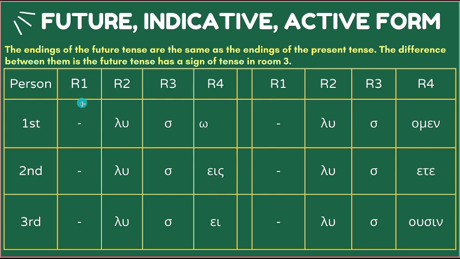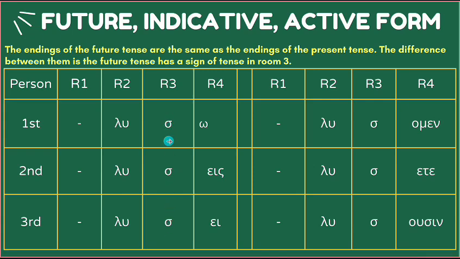So room 1, like I said earlier, has no occupant because there is no prefix. Room 2 has the stem lu throughout, and room 3 has the sign of tense.